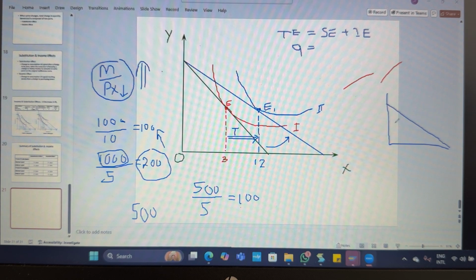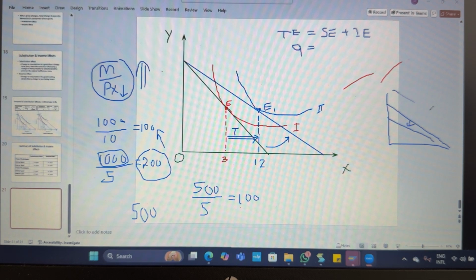If income reduces, what will happen to it? Move to left. Yes, if income reduces, the budget line shifts parallelly to the left.